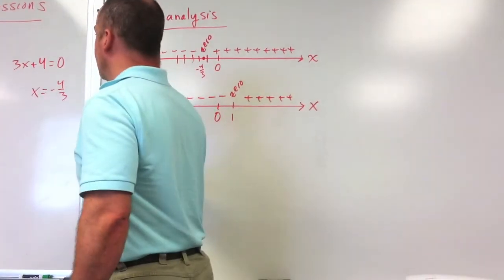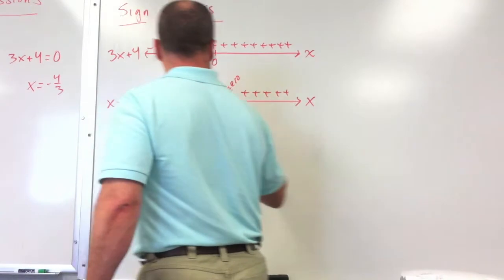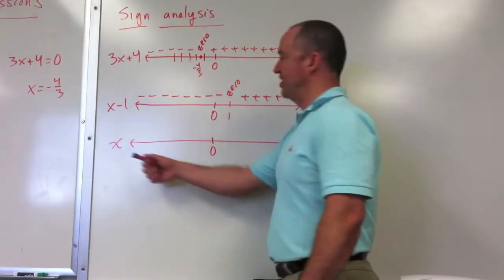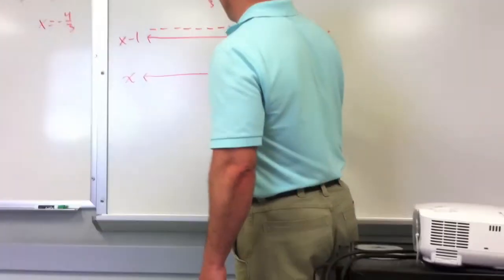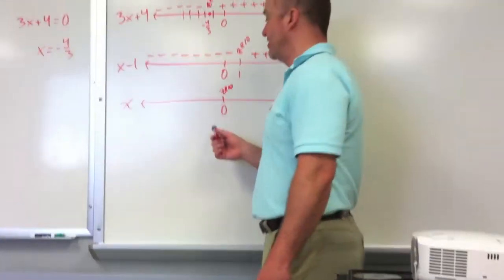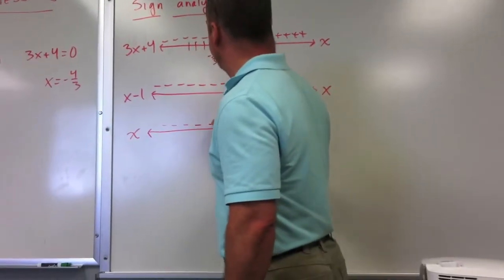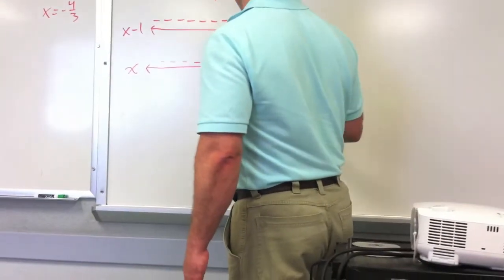Now I'm moving on to the factors of the denominator. The factor x: when x is 0, the value of this factor on the number line is the same. If I put a negative number in for x, I get a negative number. Put a positive number in for x, I get a positive number.